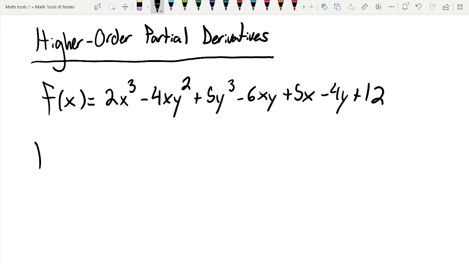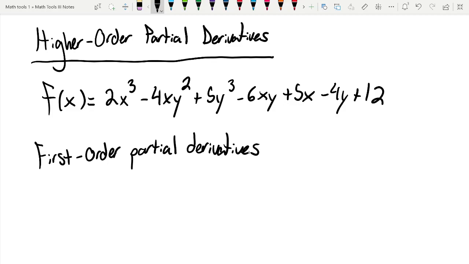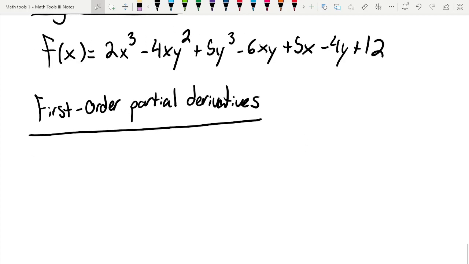So the first partial derivatives, we typically call these the first order partial derivatives. And then the second ones we call the second order partial derivatives. So we already saw how we would do this, right?